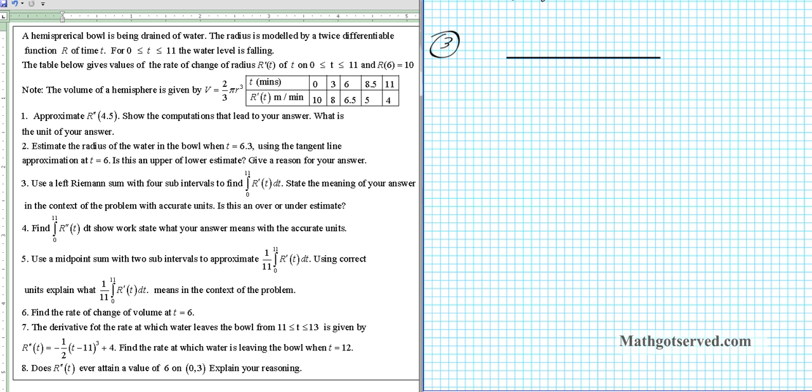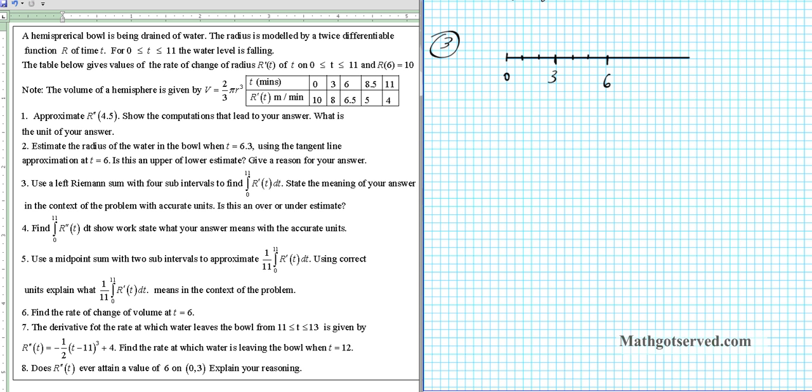So we're going from 0, and then all the way to 3, and then from 3 to 6. Looks evenly spaced so far. 6 to 8.5. Let's make this a little bit longer. So 7, 8, 9, 10, 11, something like that.